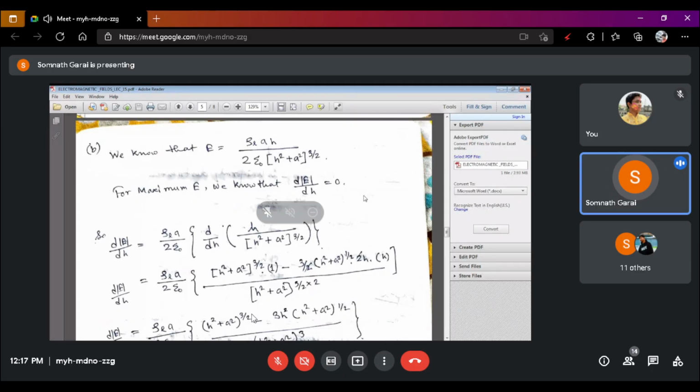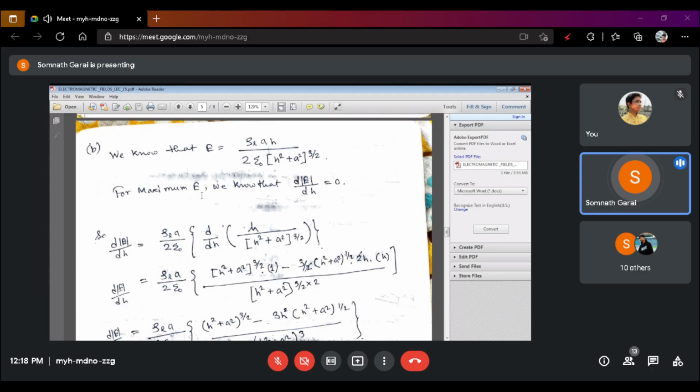To determine the maximum electric field intensity at any point, we know that the first differentiation with respect to h is equal to 0, according to our maxima-minima formula, which is already familiar from class 12. For the maximum value of the electric field intensity, we have to take the differentiation with respect to h.